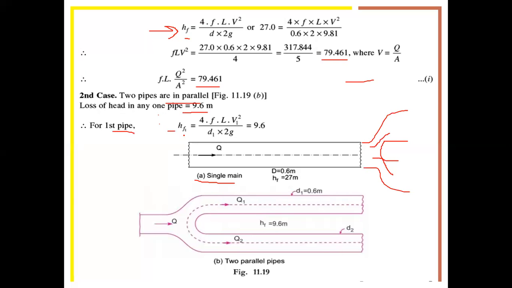Now taking HF1, HF1 is equal to 4 into F into L into V1 square by D1 into 2G, that is equal to 9.6. Now the same.